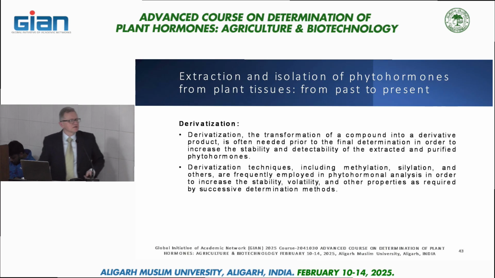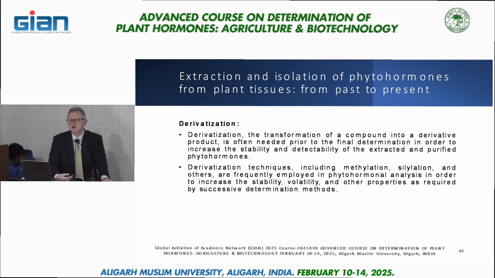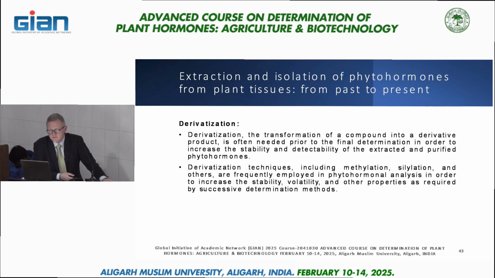What is sometimes important to use is derivatization. This process involves chemically modifying the hormone molecules to enhance their stability, detectability, and volatility, making them more suitable for analysis. Derivatization is particularly important in GC-MS, where certain phytohormones such as auxin and abscisic acid need to be converted into more volatile forms.